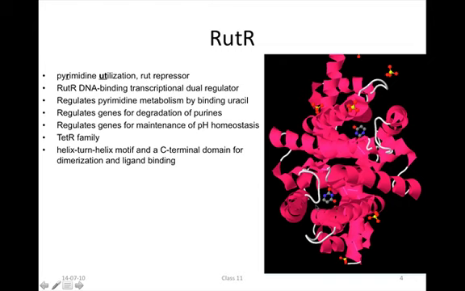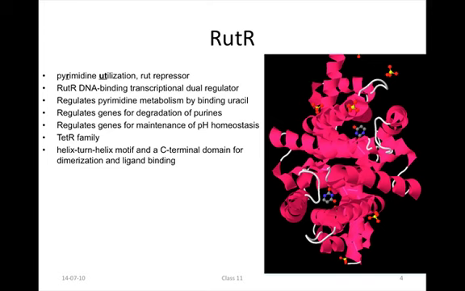The RutR molecules regulate the degradation of purines, and they're also involved in pyrimidine metabolism. They belong to the TetR family, and they contain the transcription factor helix-turn-helix motif and a C terminal for dimerization.